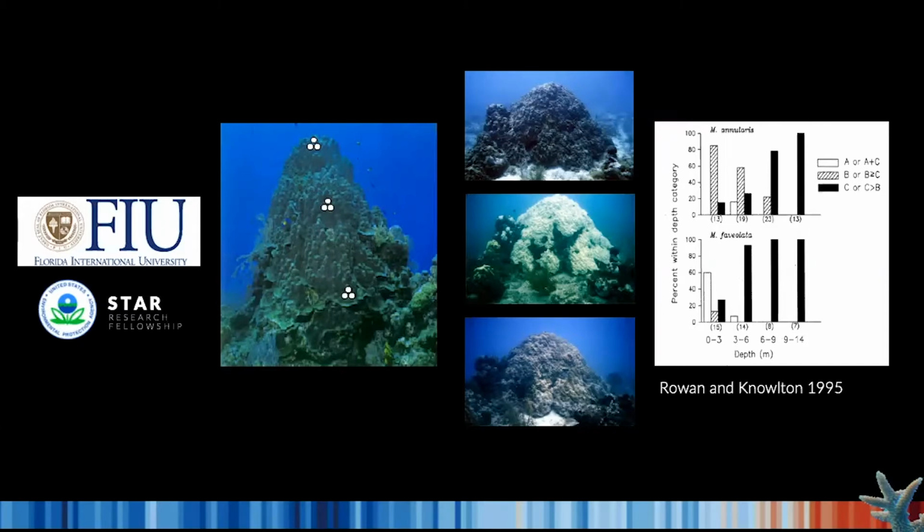And about that time, Rowan and Knowlton came along and they started applying these really crude molecular genetic techniques. In the 90s, they were looking at corals, Orbicella in Panama, and they applied a restriction digest enzyme to the large subunit gene. That basically chops up the DNA and makes a fingerprint.